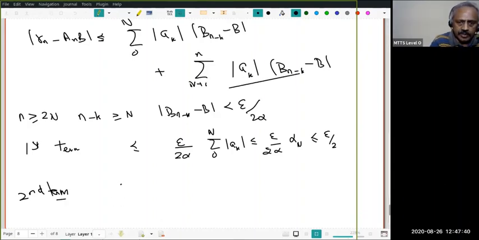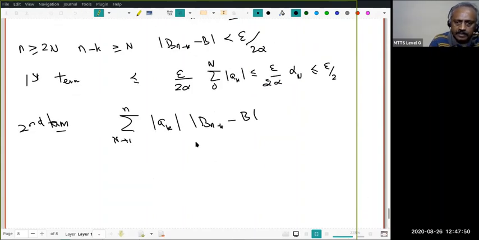Here, what do I have? I have the summation N plus 1 to little n of mod a_k into mod b_{n-k} minus b. But each of the factors mod b_{n-k} minus b is less than or equal to M, therefore that's less than or equal to M into the summation N plus 1 to n of mod a_k.